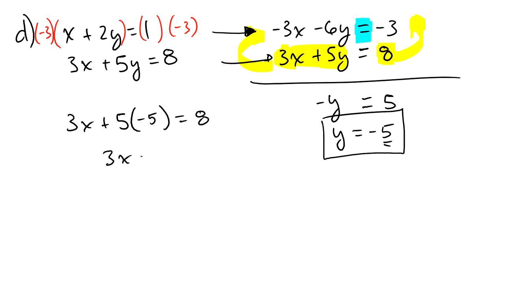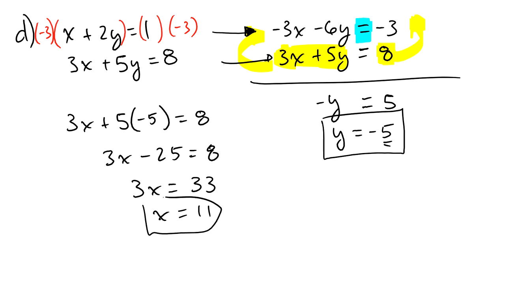So 3x minus 25 is 8. If I add 25 to both sides, we get that 3x equals, well, that's nice, it'll be divisible, we get 33. And finally, if I divide both sides of that by 3, I do get that x is the number 11.